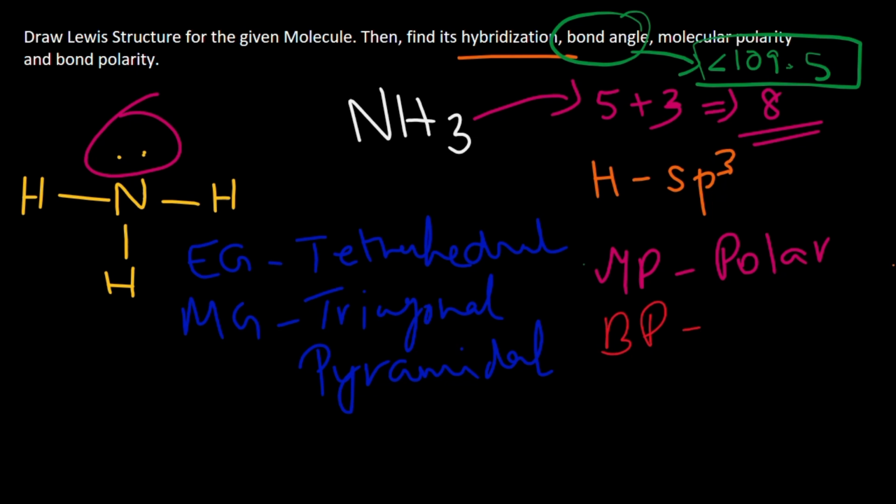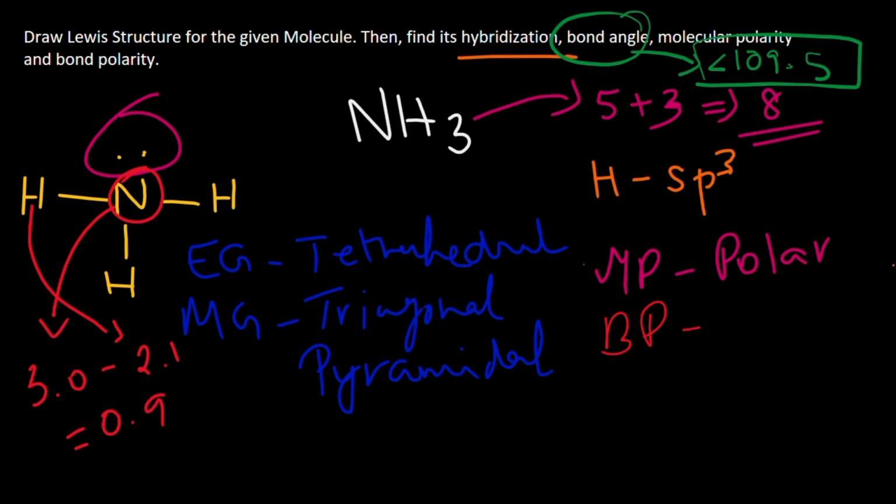The electronegativity for nitrogen is 3.0, and the electronegativity for hydrogen is 2.1. So you're just going to find the difference. You're going to subtract this, and it's going to be 0.9.